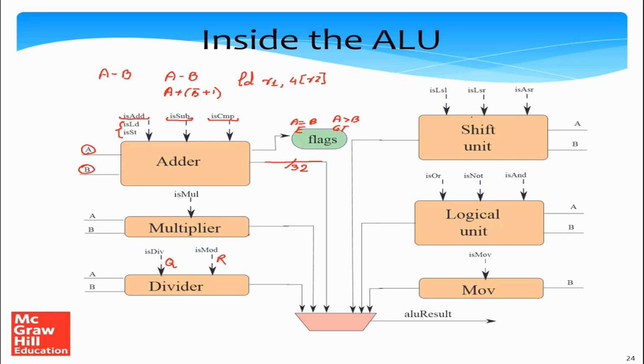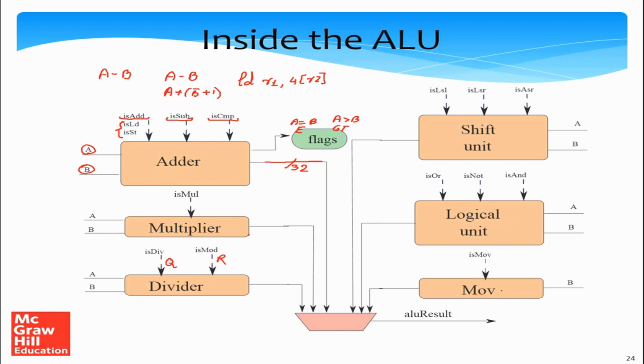They have their corresponding control signals. Then we have a logical unit which computes the results of the OR, NOT and AND functions. NOT of course will not have a second operand, but the other two, OR and AND, will have two operands. So the logical unit does that.